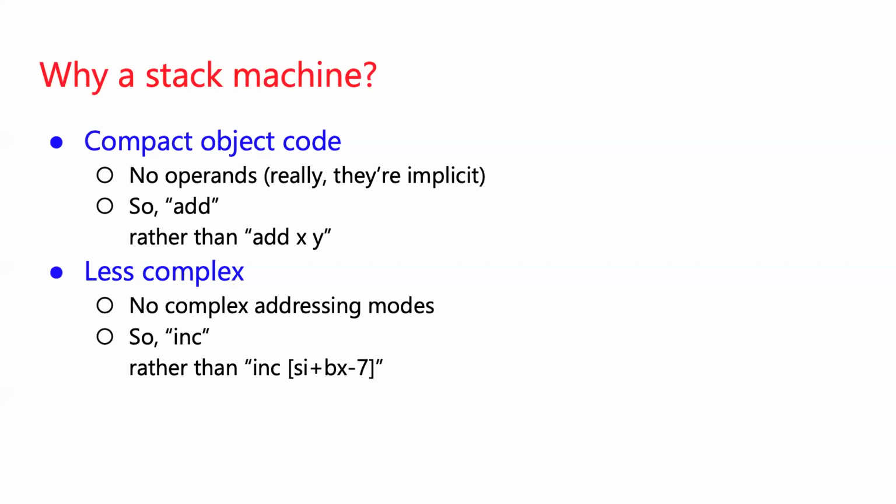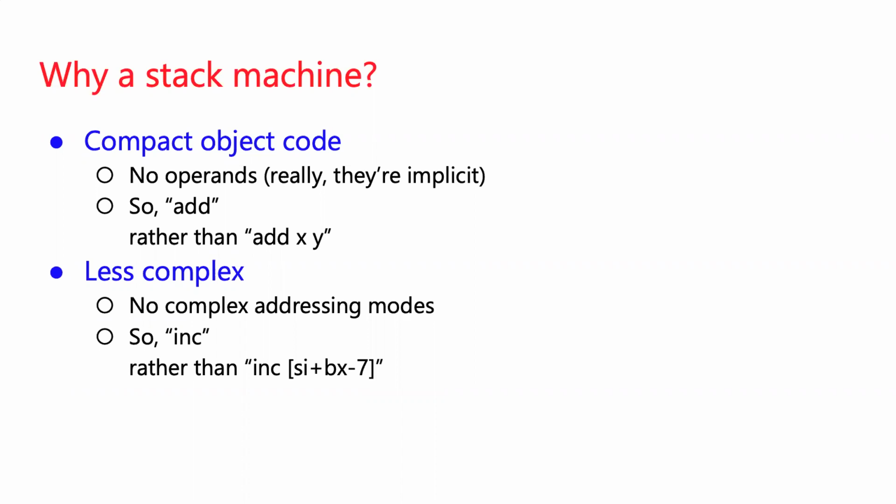It doesn't specify operands because it's implicit that, at least for add, the operands are going to come off the stack. And we don't have to have complex addressing modes. We learned about indirect addressing modes, like the one shown down near the bottom of the slide. And the Java virtual machine doesn't have to do that kind of thing.